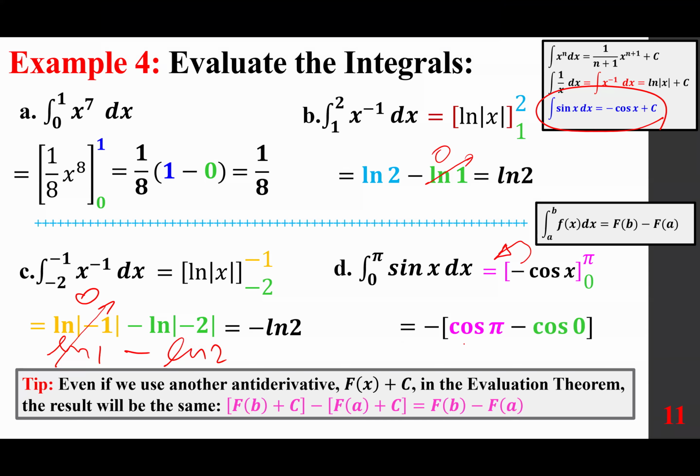Cosine pi, as you know, is -1, minus cosine 0, which is +1. This is -2, and the negative outside makes it +2. Very straightforward, everybody.